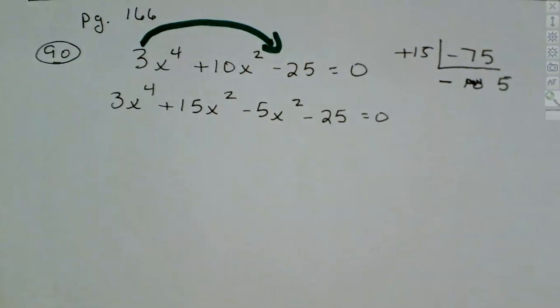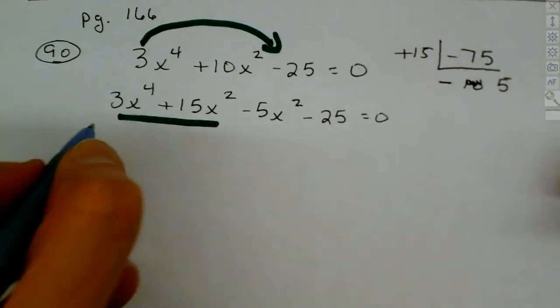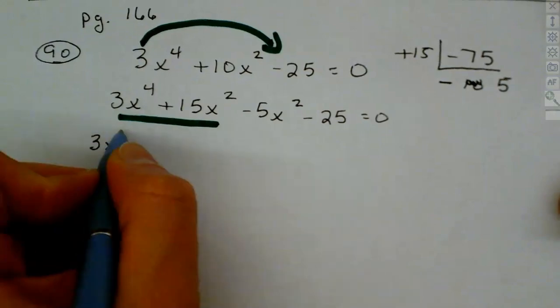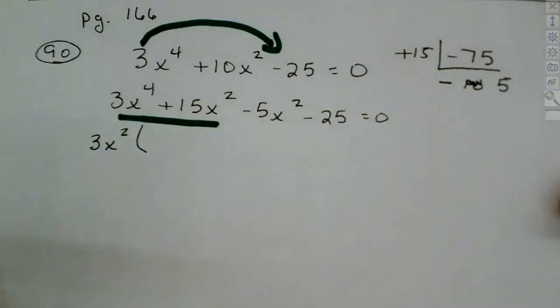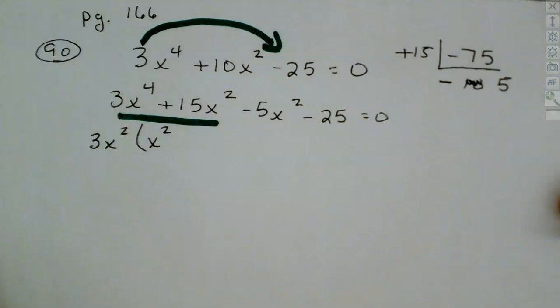What can we factor out of the first two pieces here? Yep, we can take out a 3x what? Squared. Always have to take out the highest power. And that leaves me then with x squared.